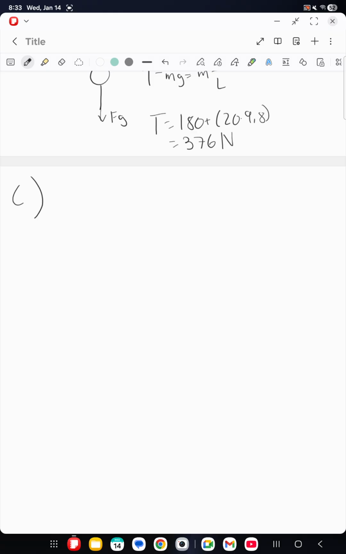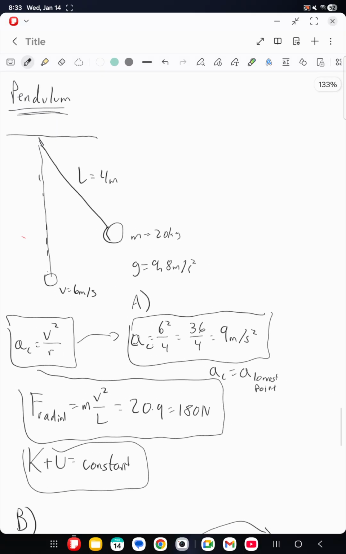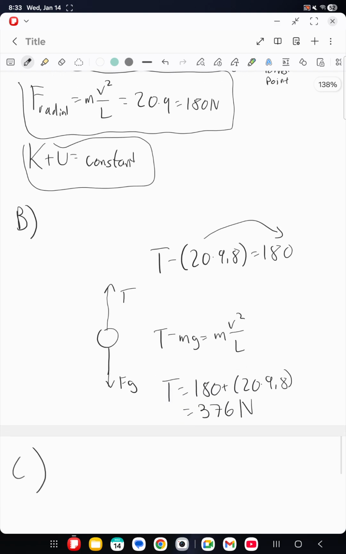And so we will use energy here, because we're talking about height, and so we're going to need to introduce potential energy, which does include height, and kinetic energy. Just like we did before, K plus U is equal to constant.